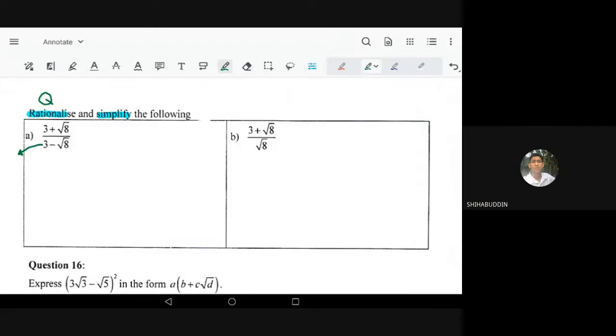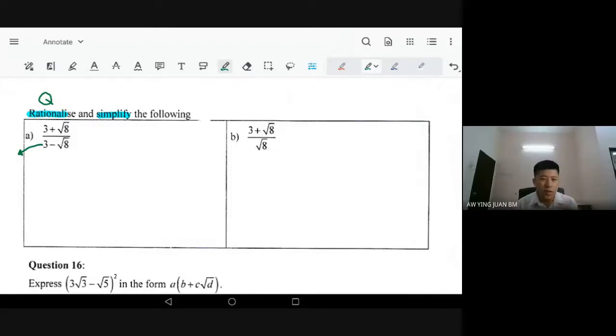Yes. Okay. Yes. So if you press the calculator, 3 minus square root of 8, you akan dapat decimal yang macam mana? Repeating or not repeating? Terminate or not terminate? Dah lah, tadi ada orang jawab, yes right. Kita kena uji. Betul ke?